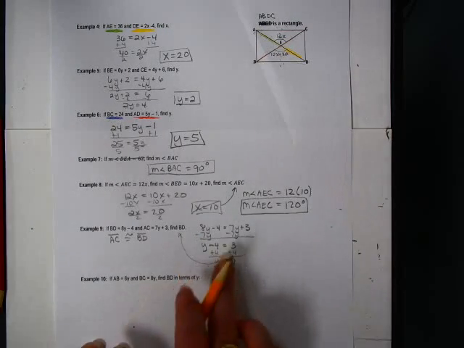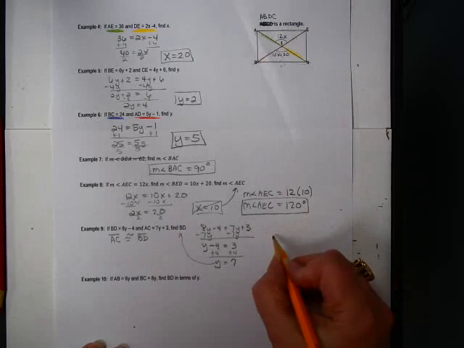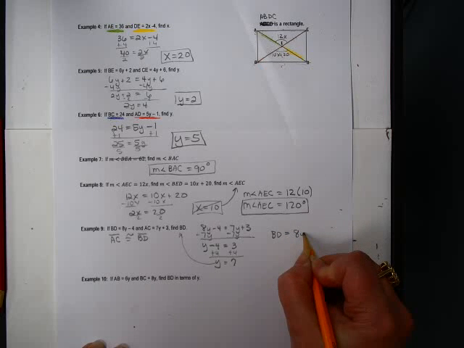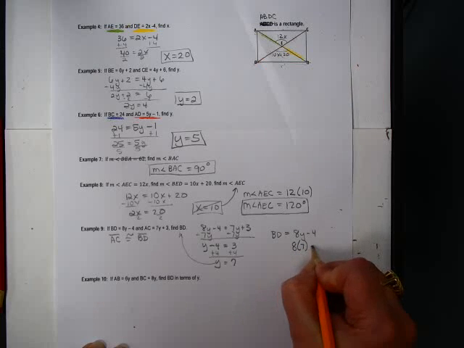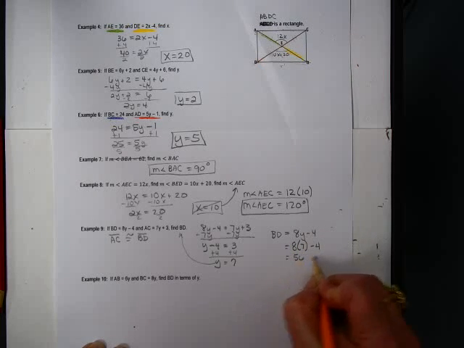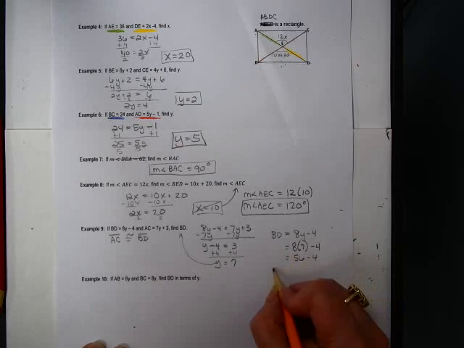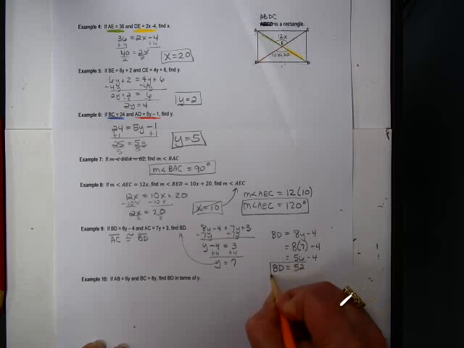So now I'm going to have to take this information and plug it back in. So I know that BD, since it equals 8y minus 4, I'm going to put 8 times 7 minus 4. 8 times 7 is 56. 56 minus 4, that's going to be 52. So BD equals 52.